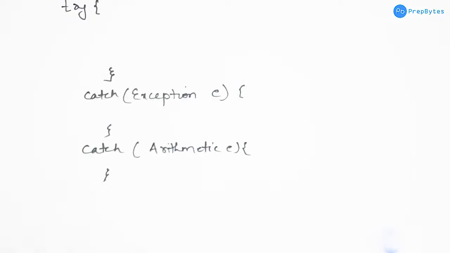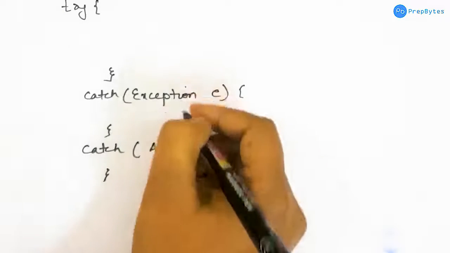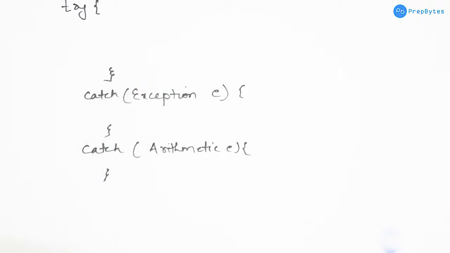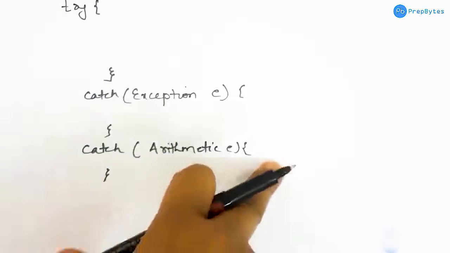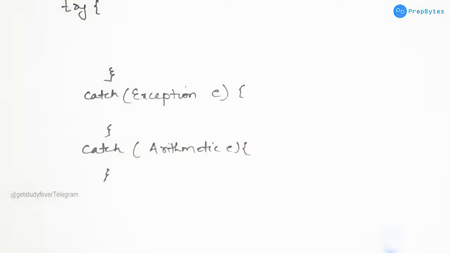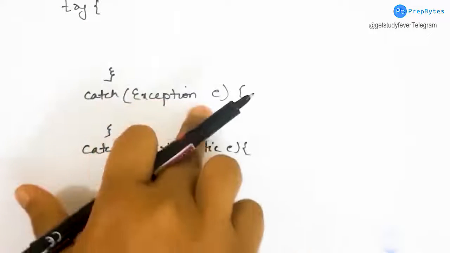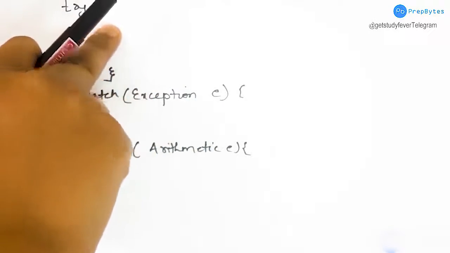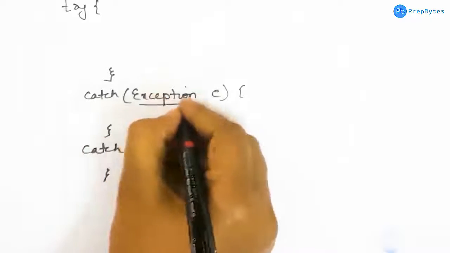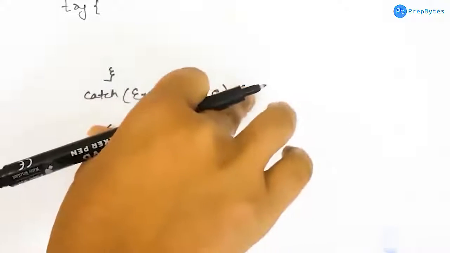Why are you getting an error? The reason being that, as we have discussed before also, all the exceptions are subclasses of exception. Arithmetic exception and everything is a subclass of runtime exception, and runtime exception is a subclass of exception. So whenever there is an exception, obviously this block will get executed.